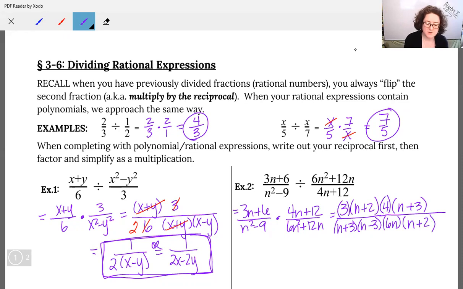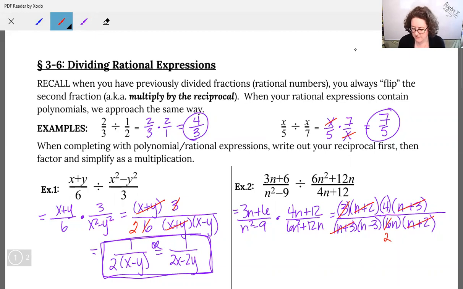Everything is now factored, so let's look for common factors we can simplify out. We have an n + 2, we have an n + 3. And then let's consider our extra values. So I have a 3, which I could simplify out with the 6 to leave a 2. But then I still have a 4 in the numerator.